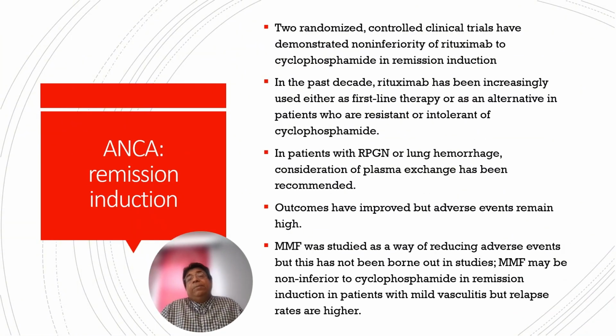So there were 2 randomized controlled clinical trials that demonstrated non-inferiority of rituximab to cyclophosphamide in remission induction. So rituximab has been increasingly used either as first-line therapy or as an alternative in patients who are resistant or intolerant of cyclophosphamide. In patients with rapidly progressive glomerulonephritis or lung hemorrhage, consideration of plasma exchange has been recommended, and this is a KDIGO recommendation.